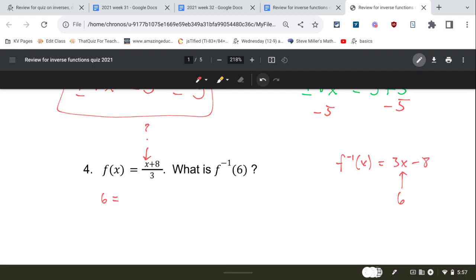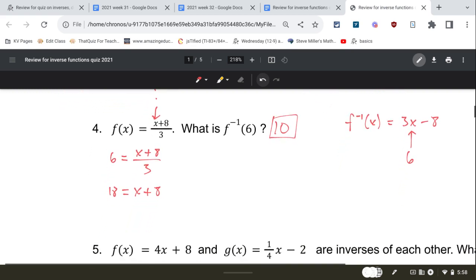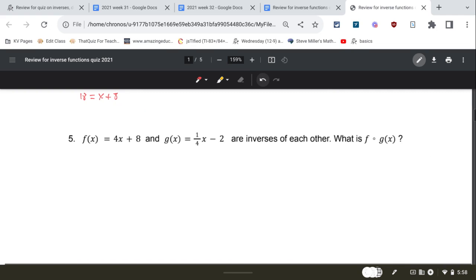So you could say 6 is equal to (x plus 8) over 3 and just figure out what x would have to be. All right, and that's why 10 is the solution. You multiply by 3, so that gives you 18, and then subtract 8 from both sides. Gives you 10.